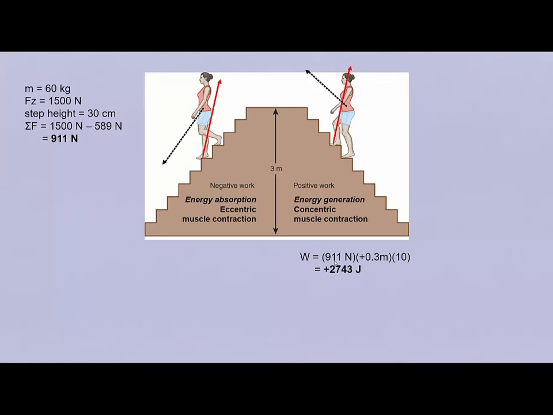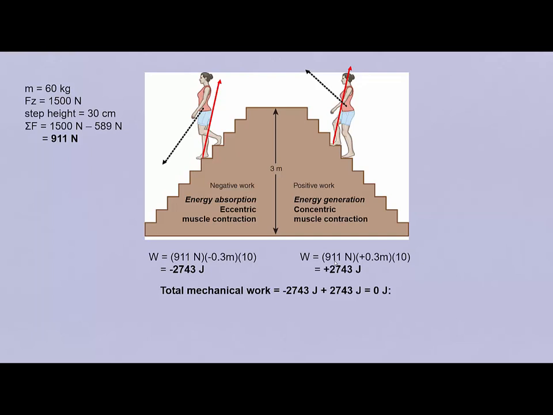Coming back down, because it's the same displacement, except this time it's negative, you find that the total negative work is negative 2,743 joules. So therefore the total mechanical work is 0, which makes sense because she ended up in the exact same position after she went up the stairs and came back down. Exact same vertical position, I should say. So total mechanical work is 0.